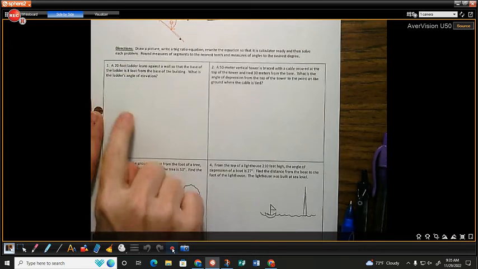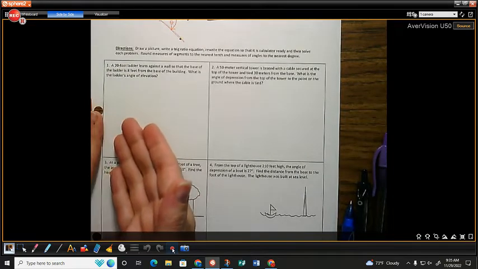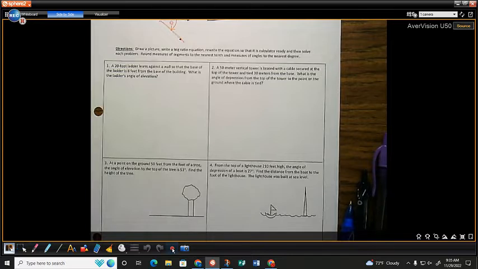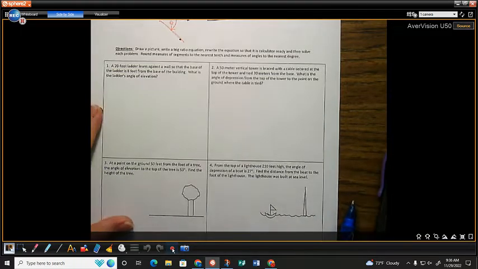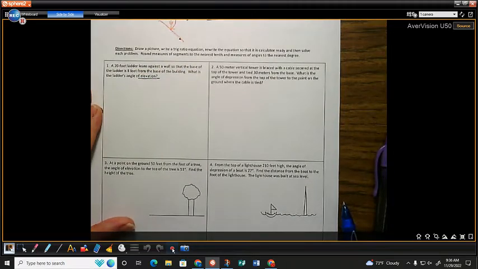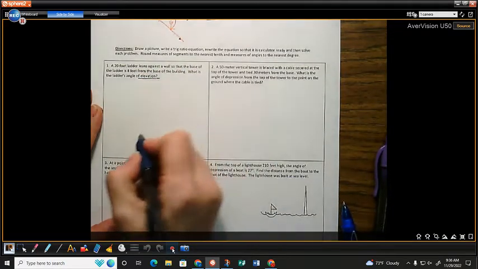Instead, for this first problem, draw the picture that you think goes with this problem. Now, if I'm looking for an angle of elevation, what's something I'm going to have? A horizontal. Well, yeah.